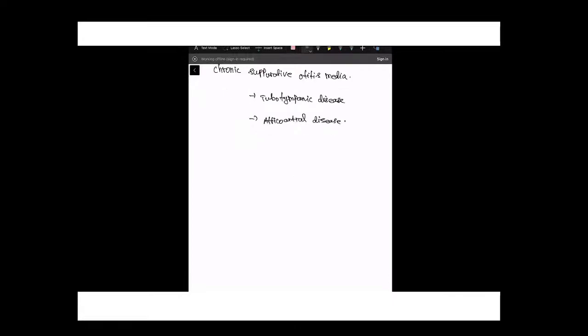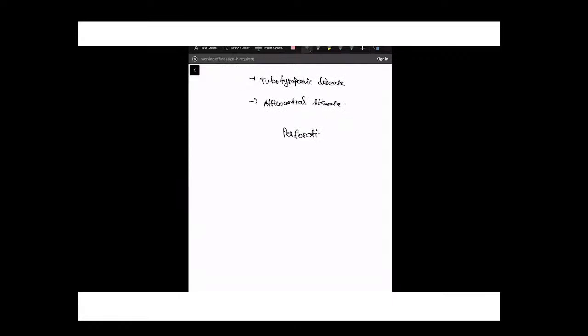Actually, there is a perforation in the acute suppurative otitis media that is complicating to a chronic suppurative otitis media.